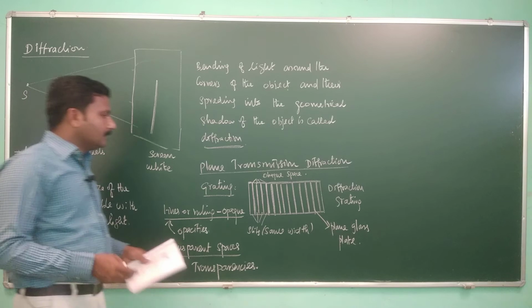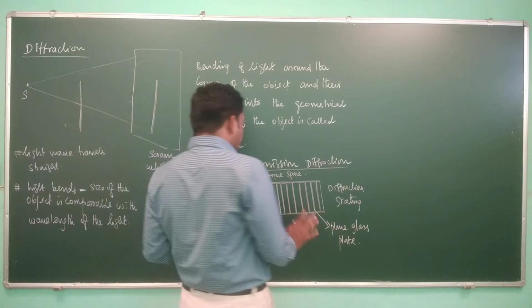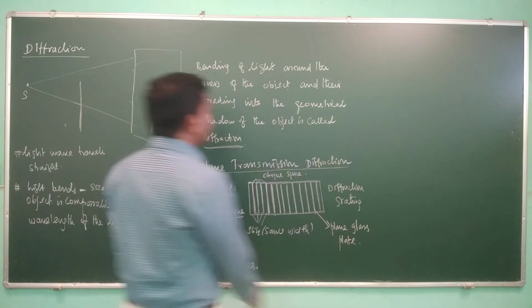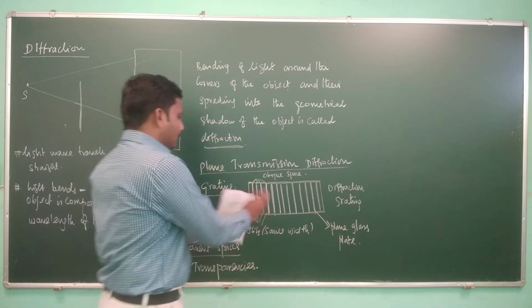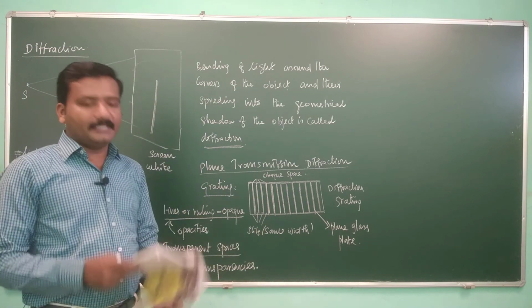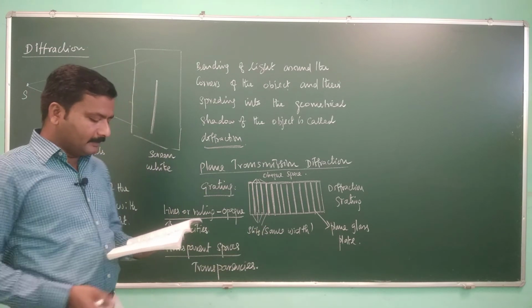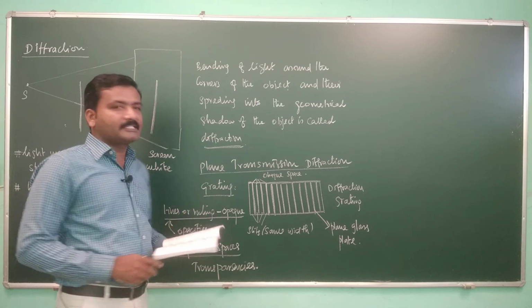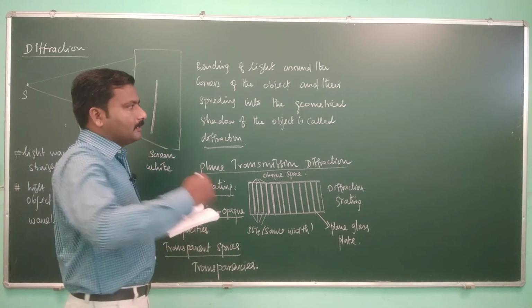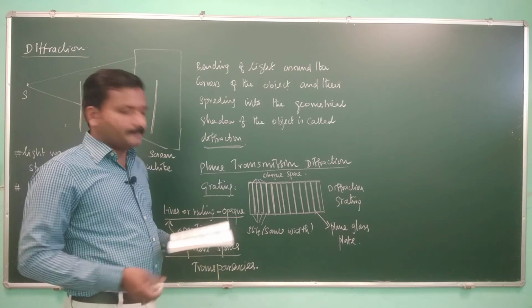Fine. Now let's apply the concept of diffraction in this plane transmission grating and obtain the equation for maximum intensity of light that occurs on the other side.